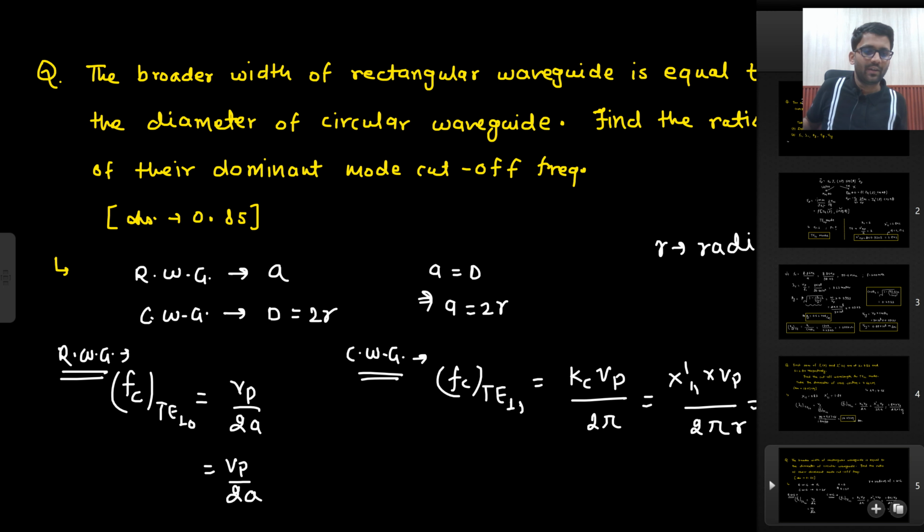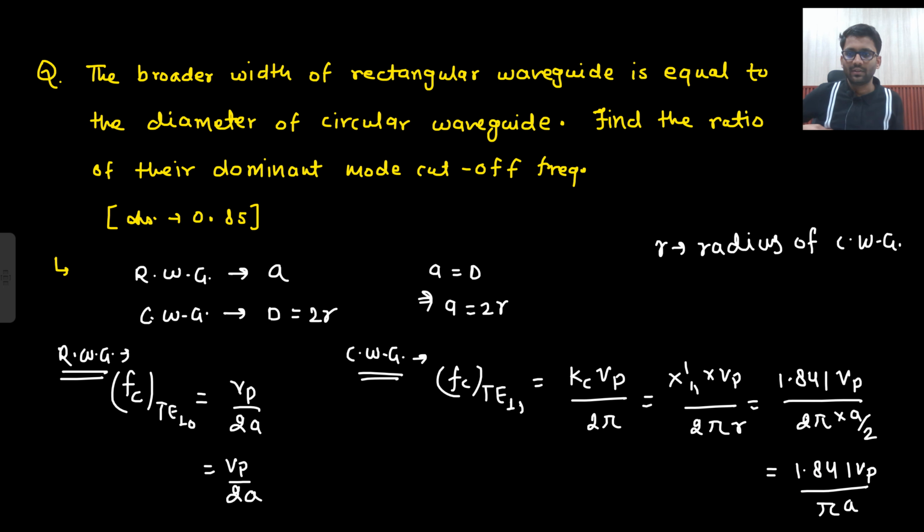So what do I need to calculate? I need to calculate the ratio, FC of TE10 divided by FC of TE11. So Vp by 2a into pi a divided by 1.841 Vp.